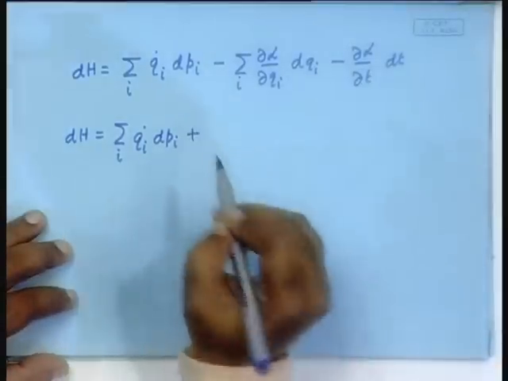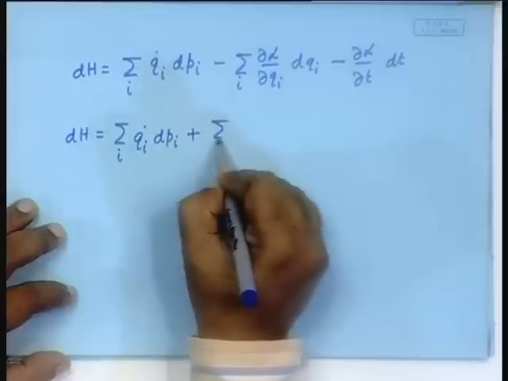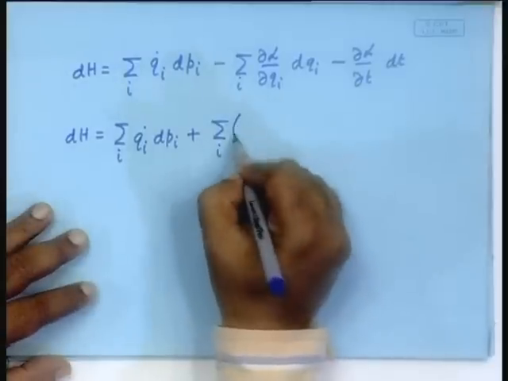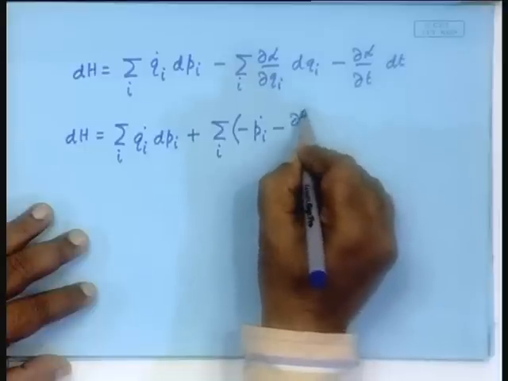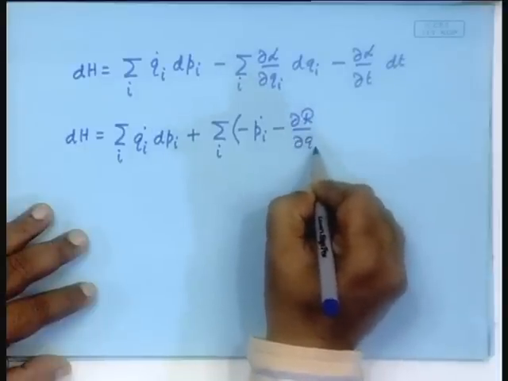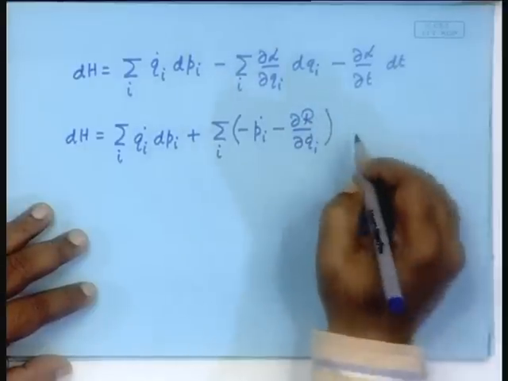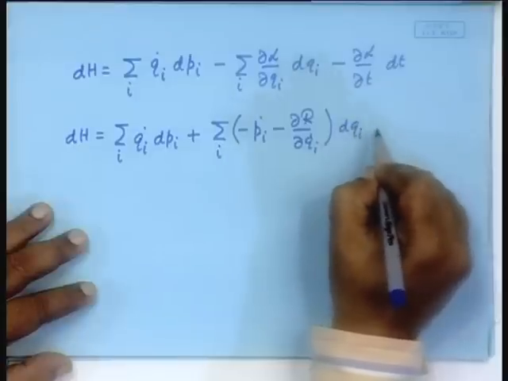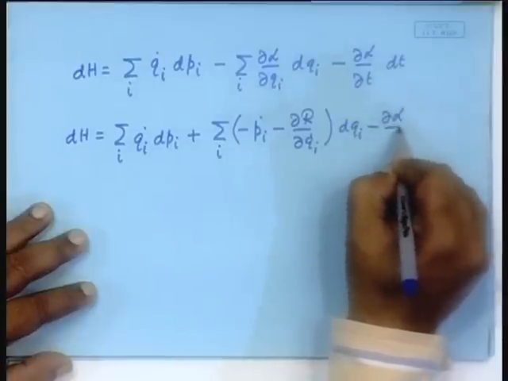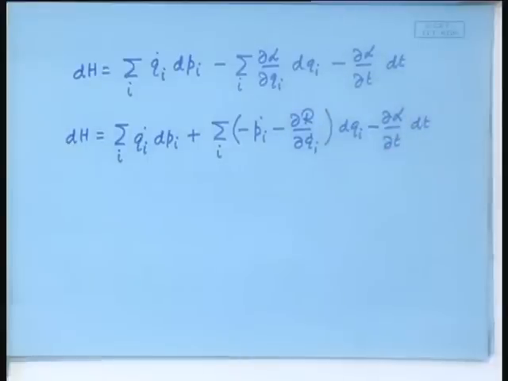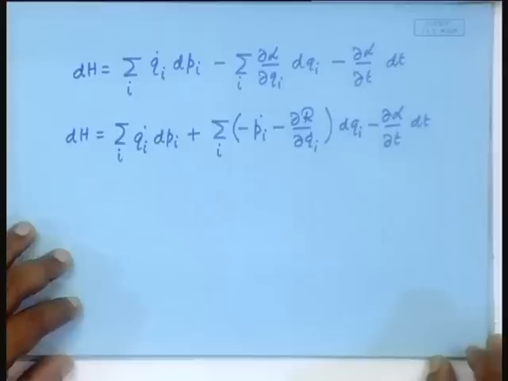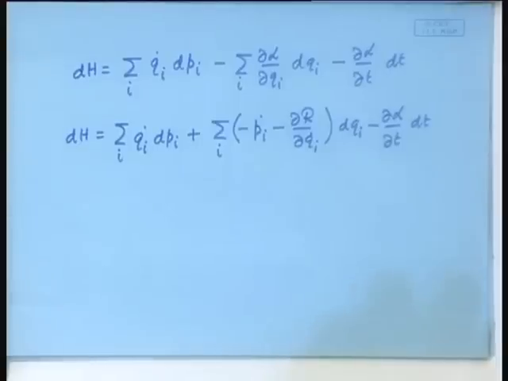Let us start with plus, and I, it will be minus p I dot minus derivative of the Rayleigh function with respect to q I dot. It will be d q I minus Lagrangian del t. Okay, happy?